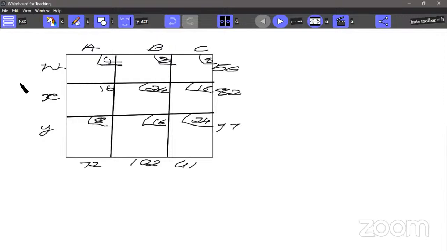W, X and Y are plants, and these are the warehouses, suppose. How much is plant W's supply? 56. And plant X? 82. So is the total demand equal to total supply?